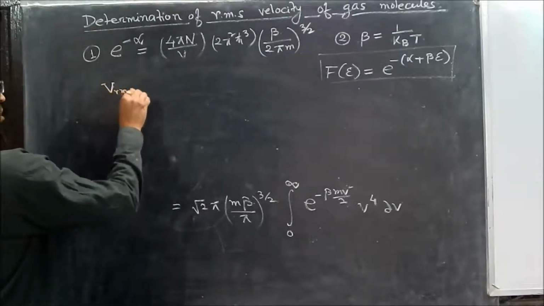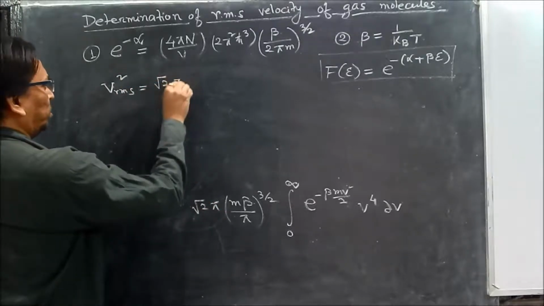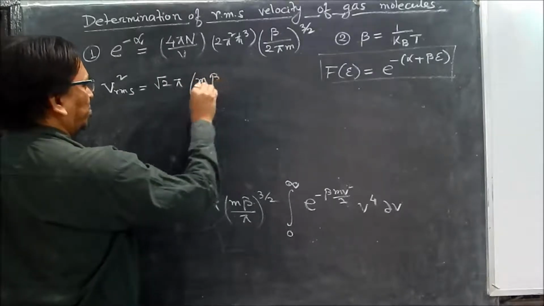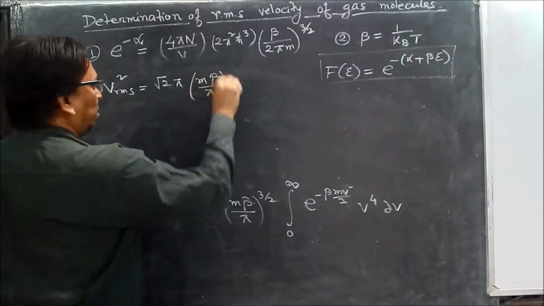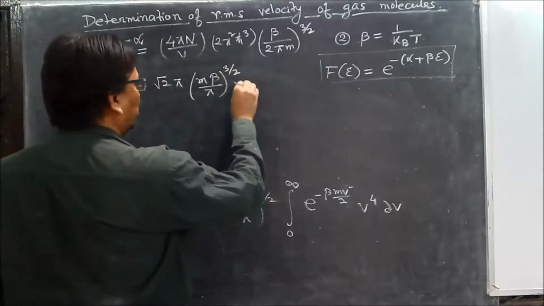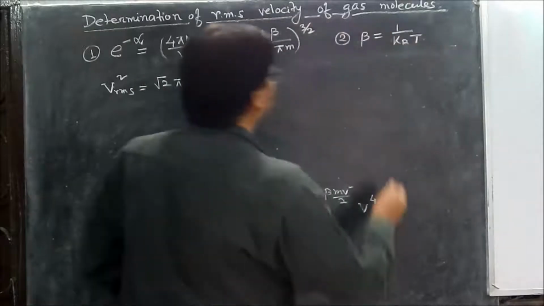V RMS square is equal to root 2 times pi, and this is (m beta by pi) whole to the power 3 by 2, and this is integration. You just take 1/2 outside. Now why this half?